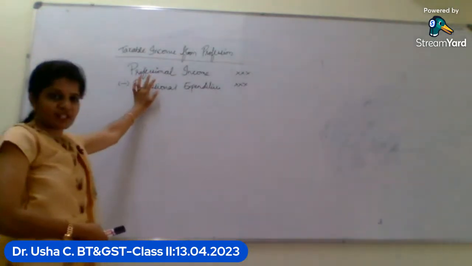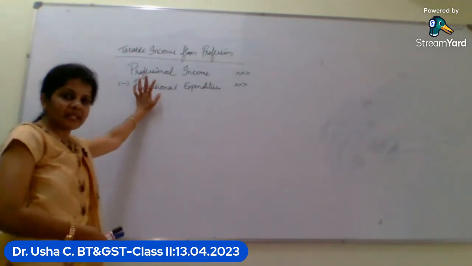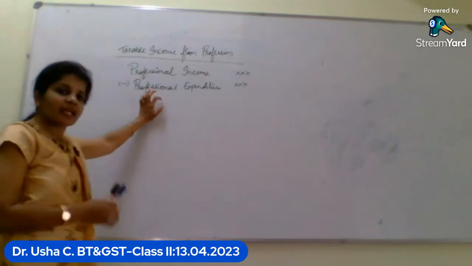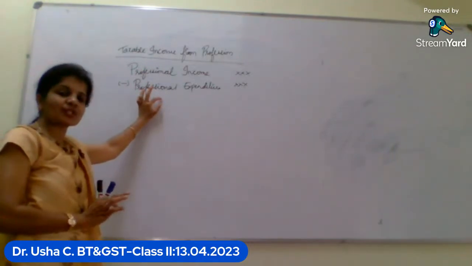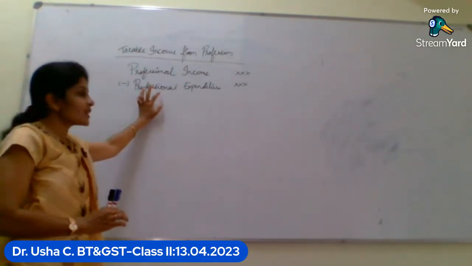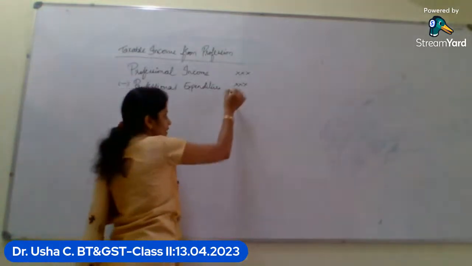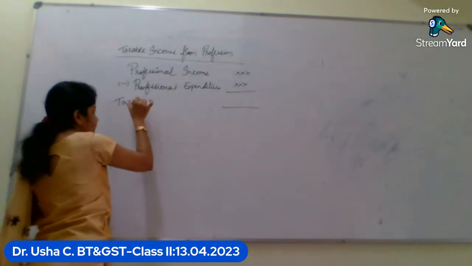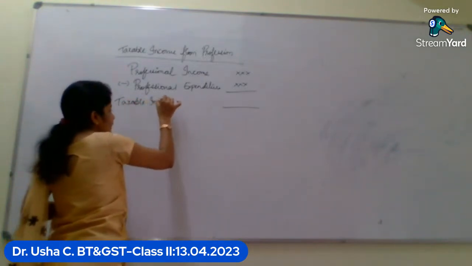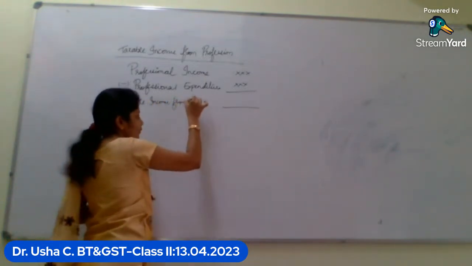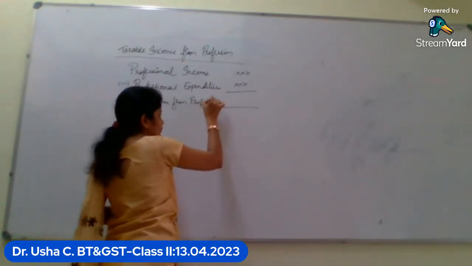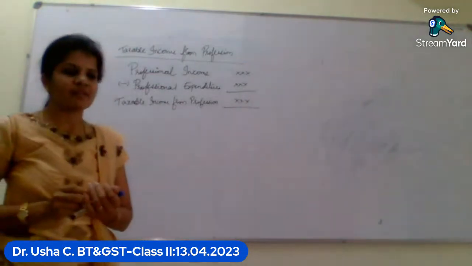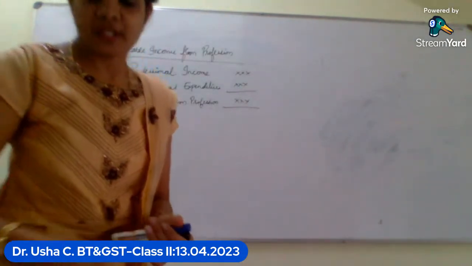So whatever the professional income as per the income and expenditure account must be taken here, and then we deduct the professional expenditure shown in the income and expenditure account. The balance we get is called taxable income from profession. So this is the format for computation of taxable income from profession.